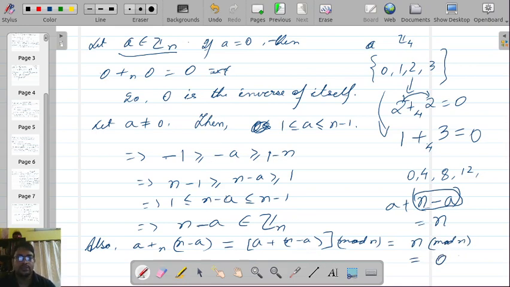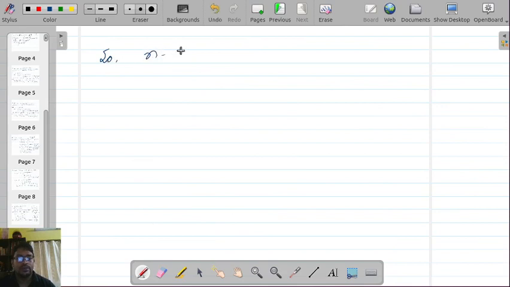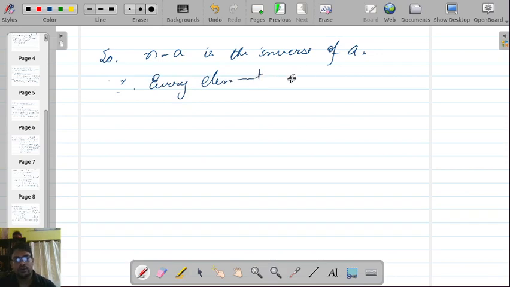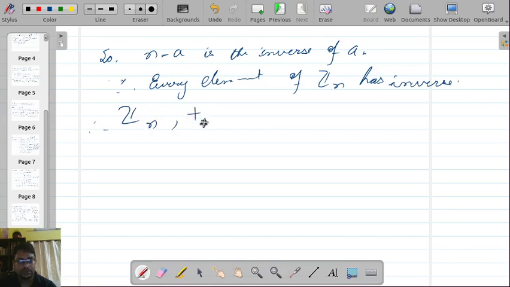So n minus a is the inverse of a. Every element of Zn has an inverse. So Zn with respect to addition modulo n is a group.